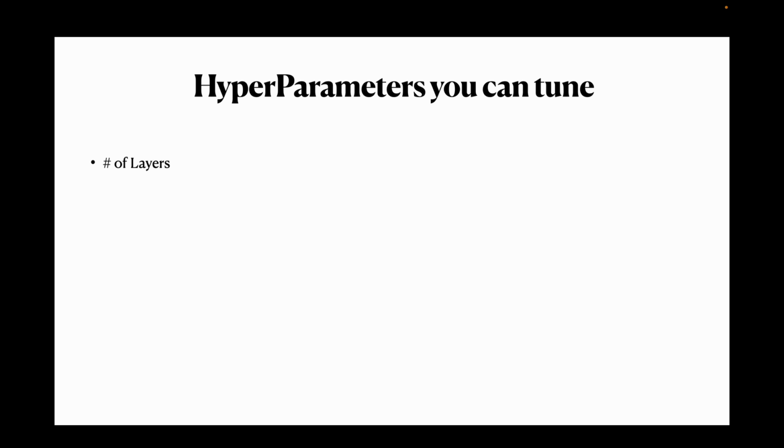The first one that we need to tune is the number of layers. How many layers do you want to have? How many neurons in each layer? So let's say you have a very deep neural network. How many neurons do you want to have there? 2, 3, 4, 5, 6. If you have too many layers, it will overfit and be hard to train. If you have too few, you cannot generalize, and so on and so forth.